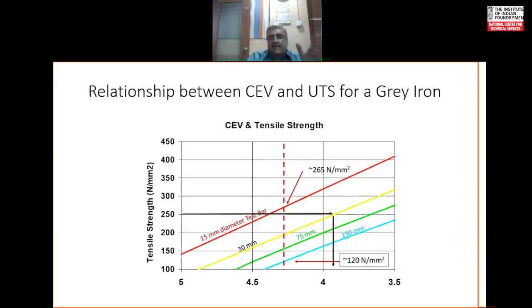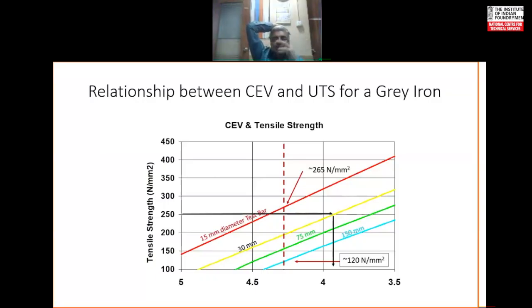This is another graph again taken from CDC literature. It shows tensile strength versus carbon equivalent in decreasing order here on the x-axis, again for different diameter test bars, which will represent different casting section thicknesses.